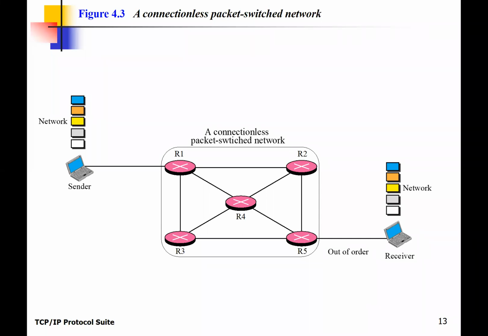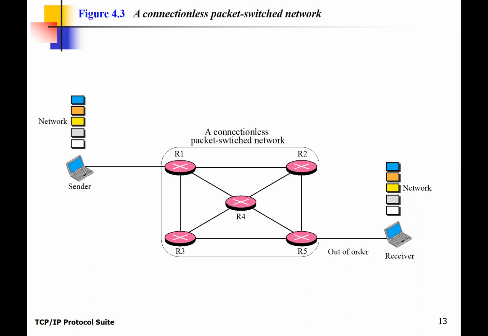Maybe packet 1 is going to go through R1, R3, R5, then the receiver. Packet 2 maybe will go to R1, R4, R5, and the receiver. So with connectionless, you send as a sender, and you let the network handle it, which is the best path.